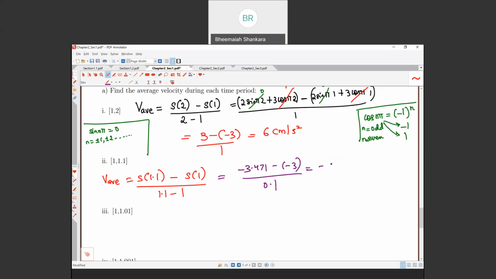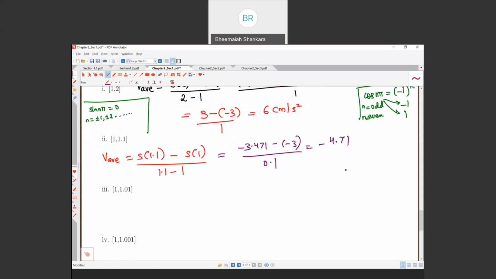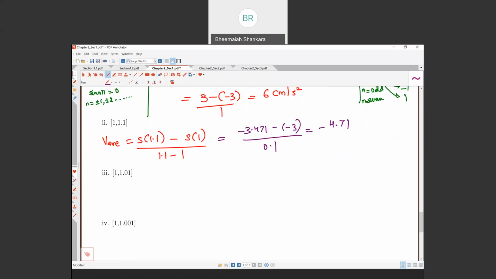Simplify, you have negative 4.71. The next one, 1.01. Similarly, calculate the V average. S at 1.01 negative S at 1 divided by 1.01 minus 1. When you simplify, you see that you get negative 6.13.